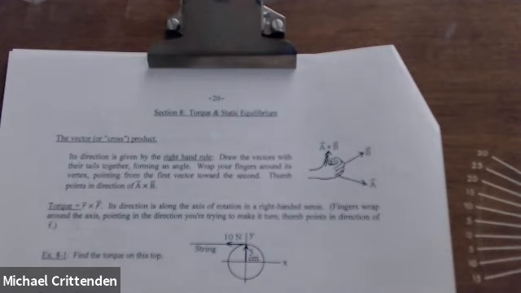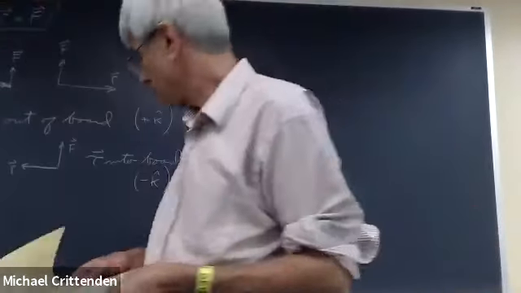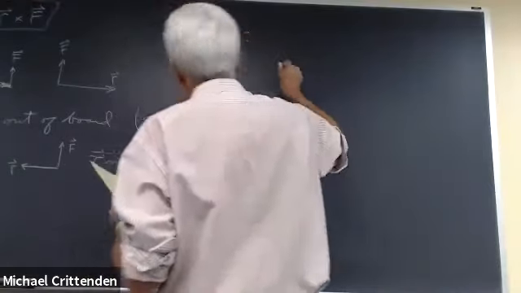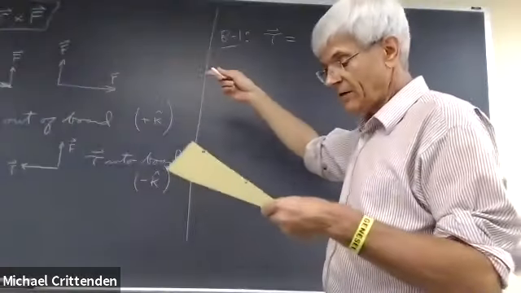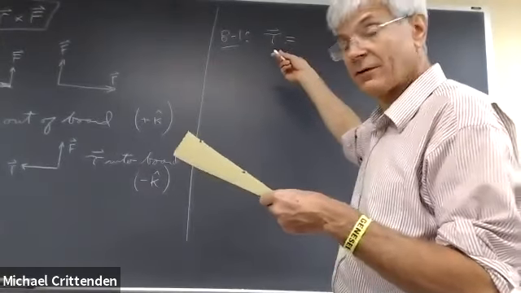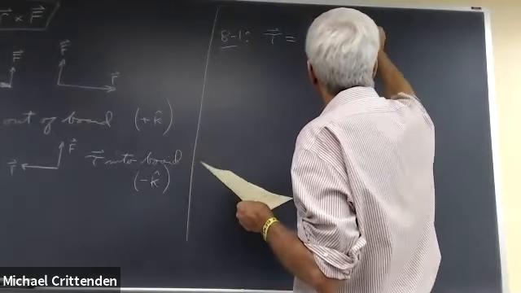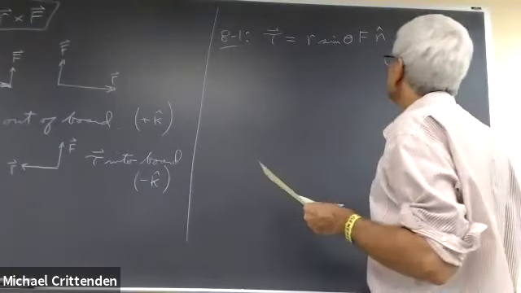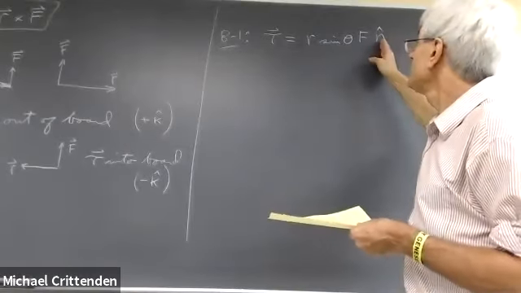So as an example of all of this stuff that I've just been talking about, torque. Now, torque is r cross F, but using the definition of the cross product, that's the magnitude of r times the magnitude of F times the sine of the angle in between, times a unit vector to give it a direction.